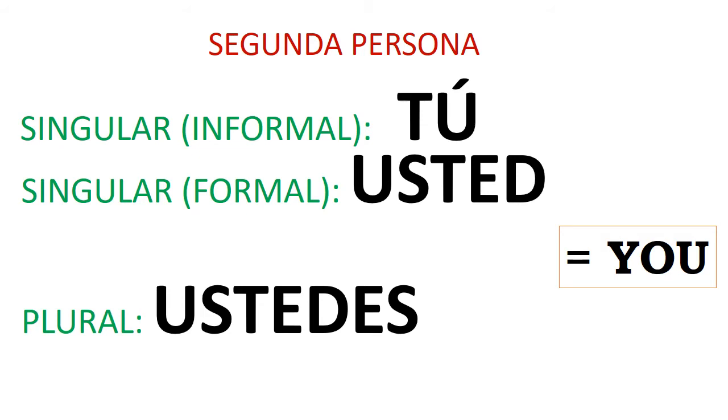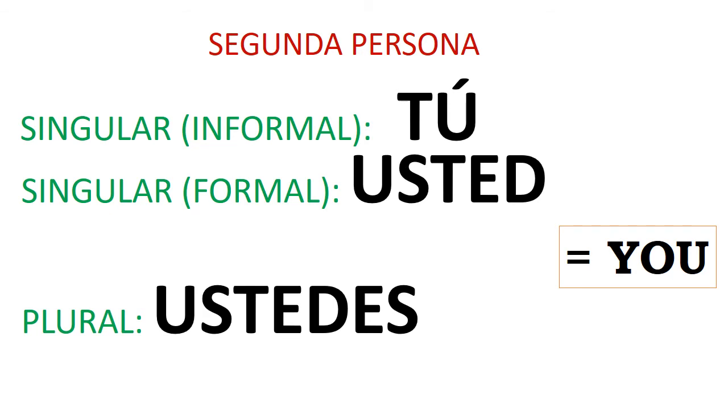You use tú, the singular informal, when you're talking to a person who is younger, or is your friend, or is in your family, your sister or brother, one of your siblings. So tú is used for people you know. And don't forget the accent, because if you don't write the accent, then you're saying something else and it's not correct. But we'll see that in another video.